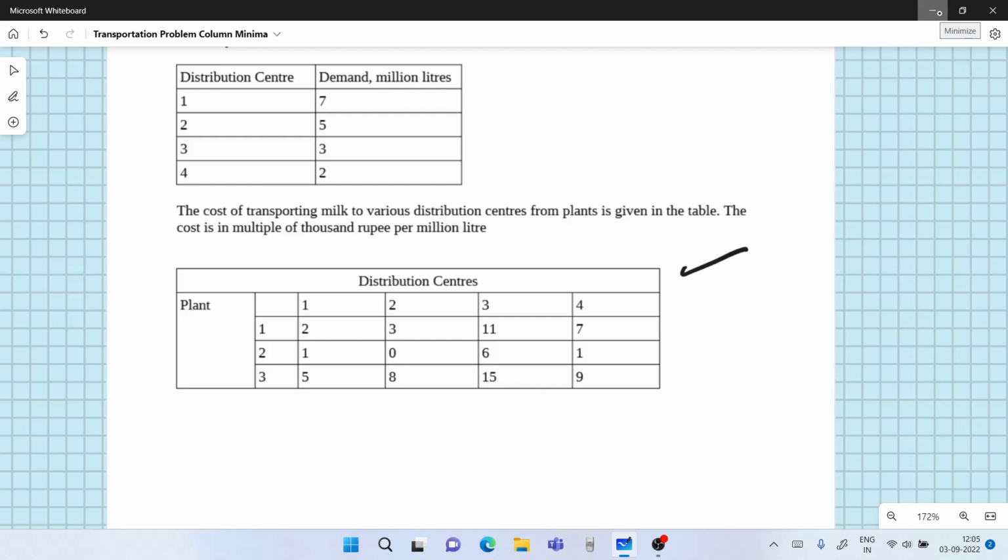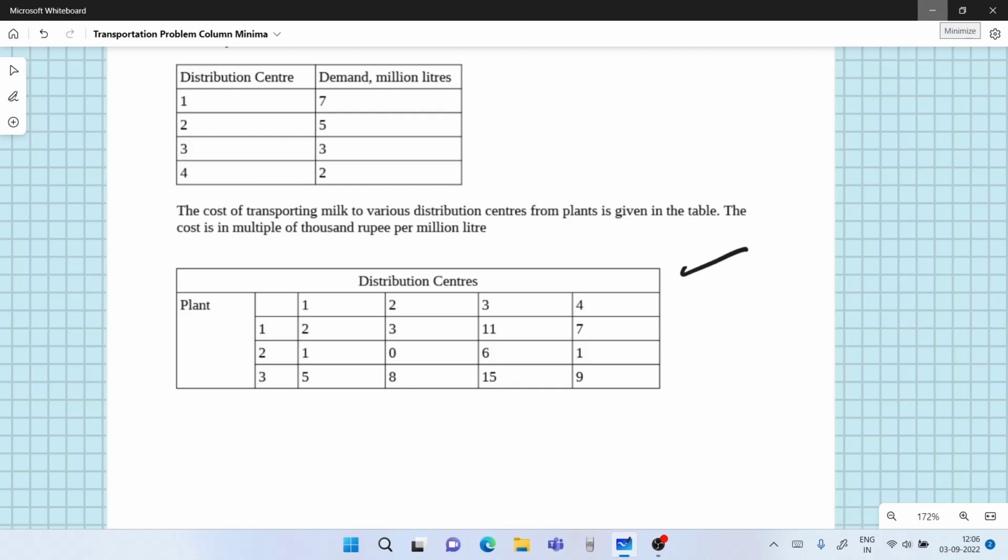If you want to transport milk from plant number 3 to distribution center number 2, it's going to cost you 8,000 rupees for a million liter. Now, how do we optimize the supply to the demand so that the cost of the overall supplying is minimum?